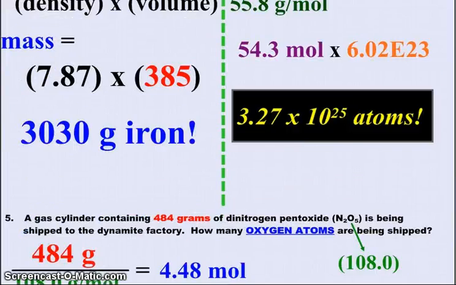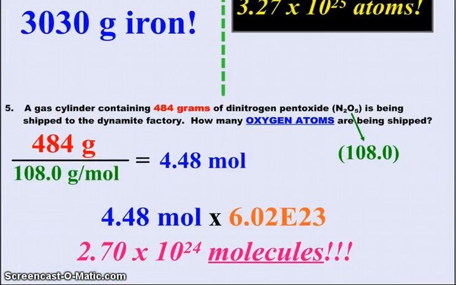Our last question: if we've got a gas cylinder containing 484 grams of dinitrogen pentoxide, how many oxygen atoms are in that cylinder being shipped? The first thing I would do is, I'm in Mass City, 484 grams, so I divide by the molar mass, 108 from the periodic table: 2 nitrogens, 14 plus 14, 5 oxygens, 16 each.